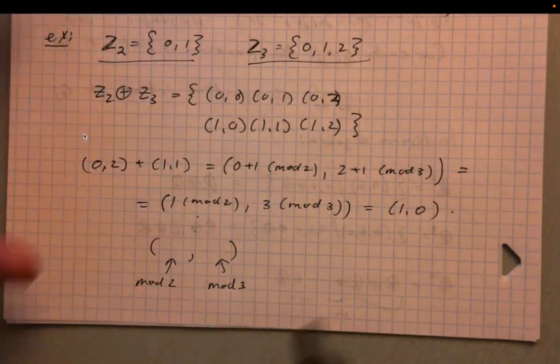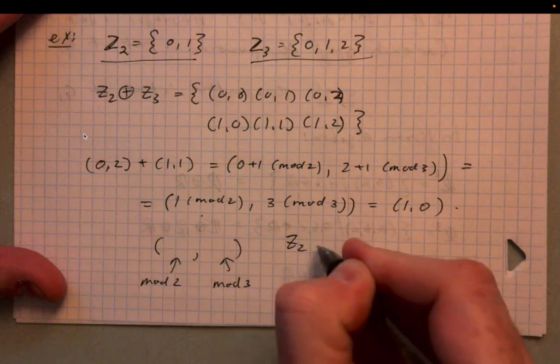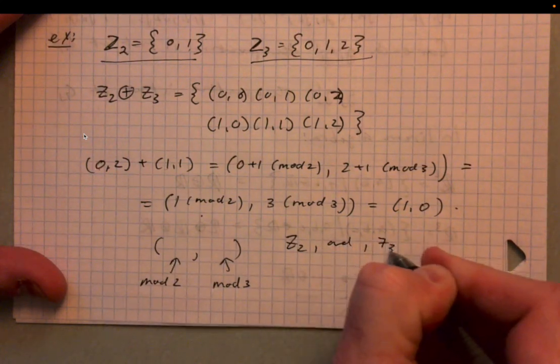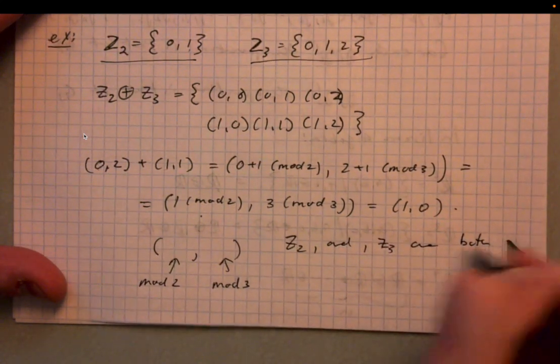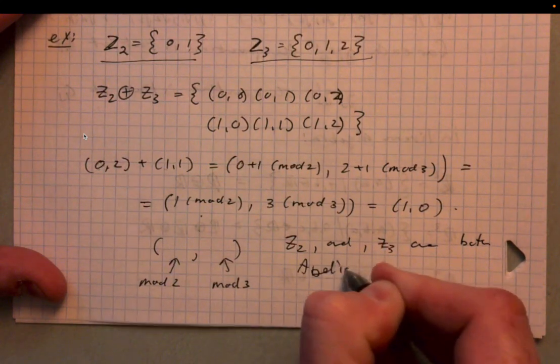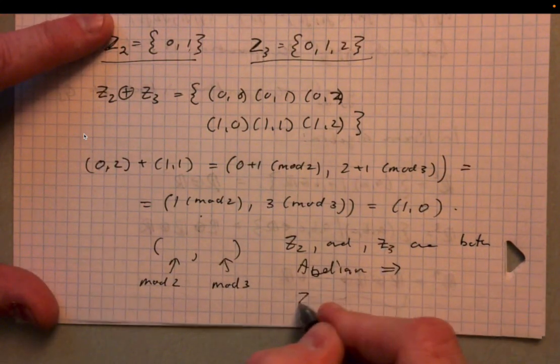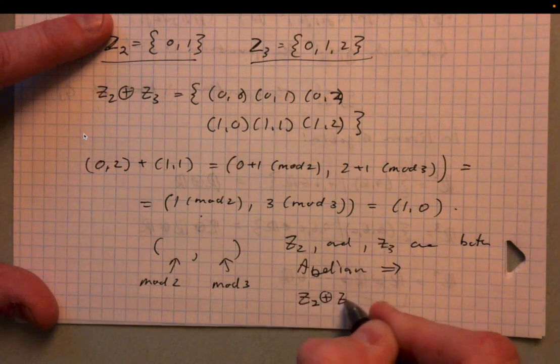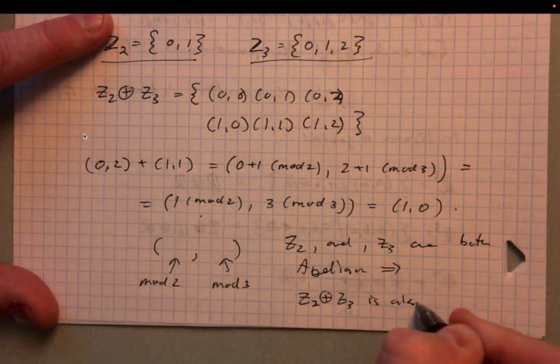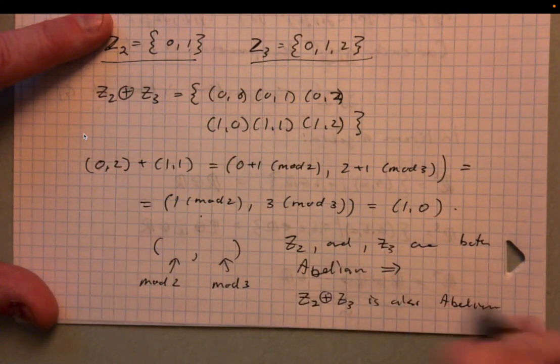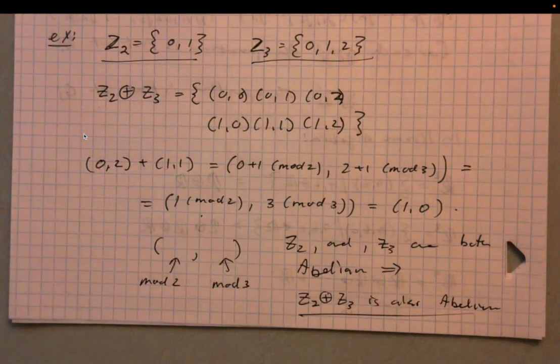So they're both abelian. So that means Z2 plus Z3 is also abelian. The external direct product will naturally get that commutativity from the component groups.